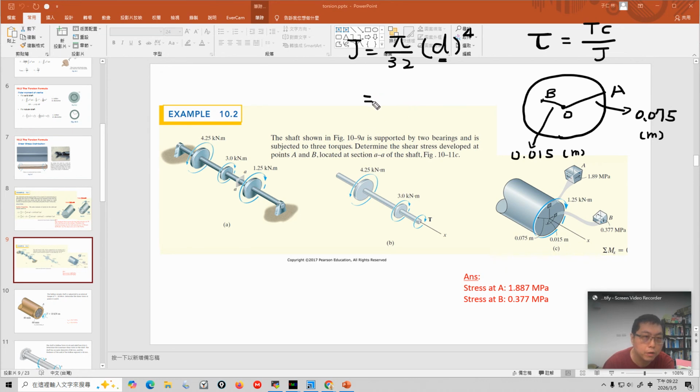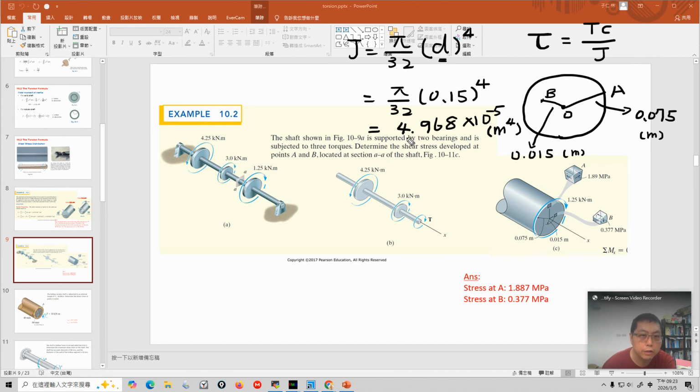Plugging the number in, it's 0.15 to the power 4. You can use a calculator yourself. Here I just put the number: 4.968 times 10 to the power minus 5, and the unit is m to the power 4. Don't forget the unit.